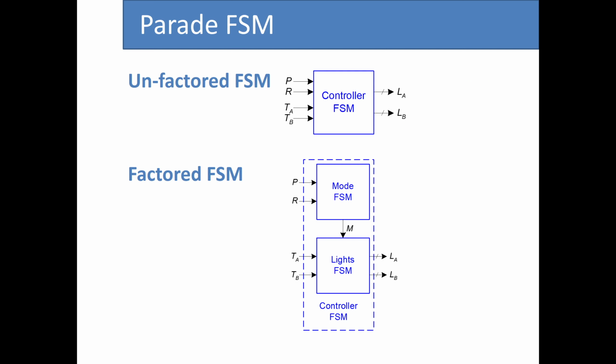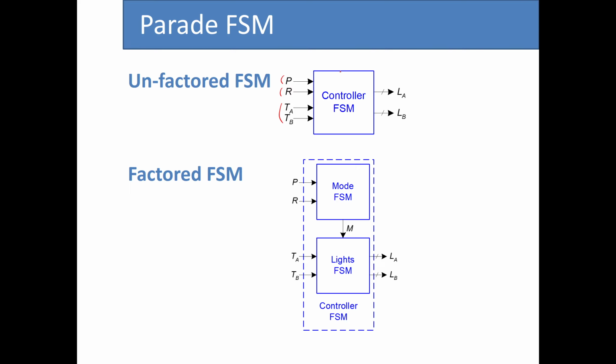So in the unfactored FSM, if you identify the sets of inputs, again you have P and R, P representing the parade mode, R representing the regular mode. We have TA and TB, the traffic sensors.